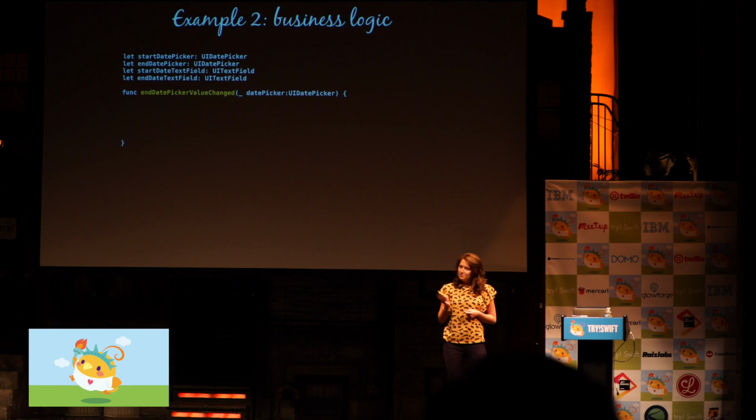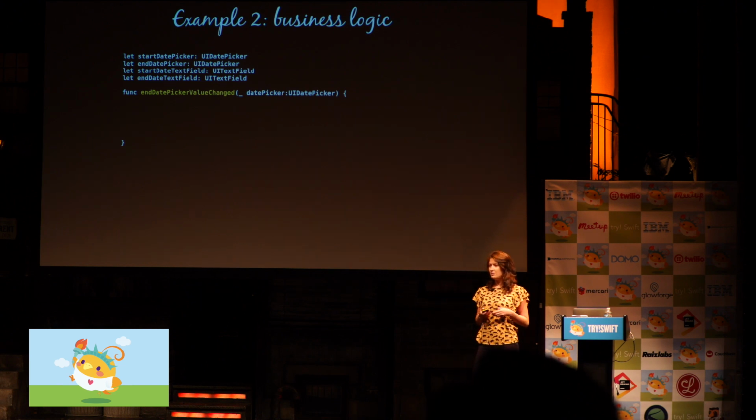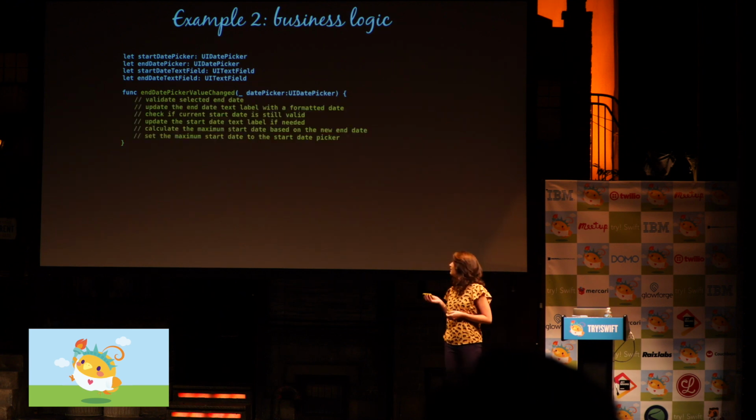This is another example that I want to show. Let's say that the user has the ability to change that time period in the same view controller using some date pickers. And every time a date changes, there are certain validations that need to be performed.